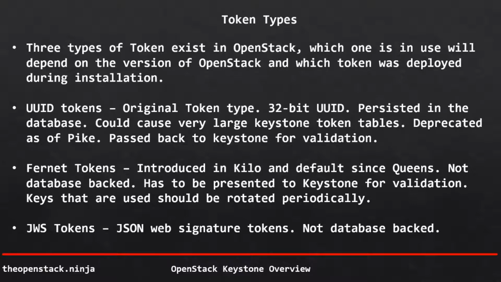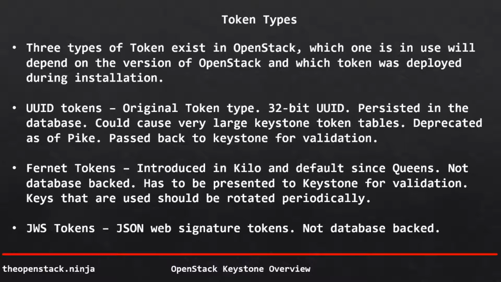The second type of token that exists in OpenStack is Fernet tokens. They were introduced in Kilo, and I think they've been the default style since Queens. Now these are not database backed, so instead of being stored in the database, all of the information is kept inside the token itself, and they're secured using public-private keys.